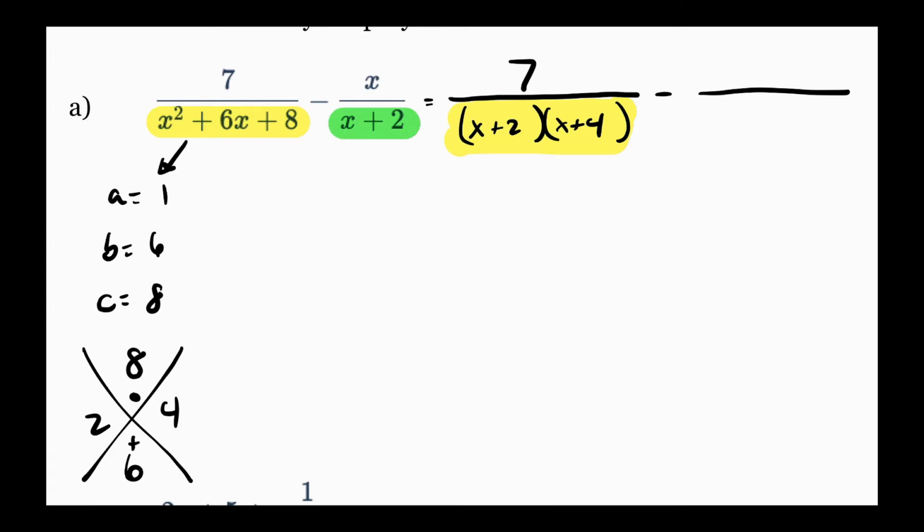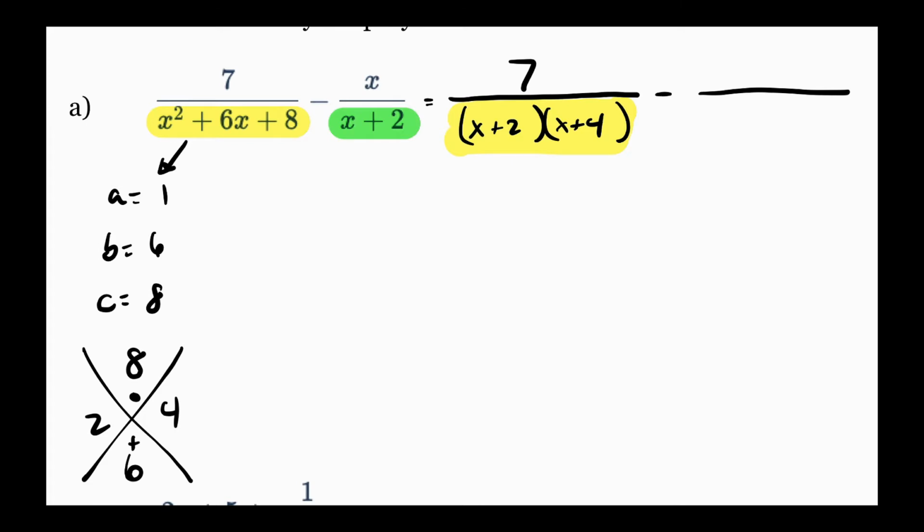Now let's factor the green. The green is a binomial, so we have these steps over here. First thing is, does the green have a GCF? Nope, besides 1. So is it a difference of squares? No, it doesn't have a square, doesn't have a minus, and 2 is not on my list of perfect squares.